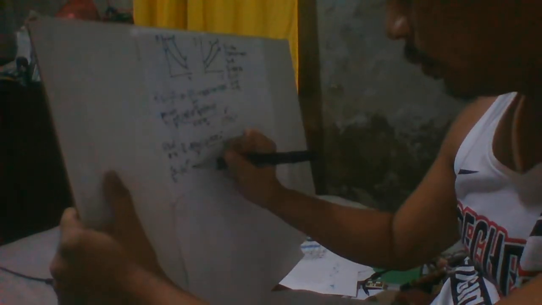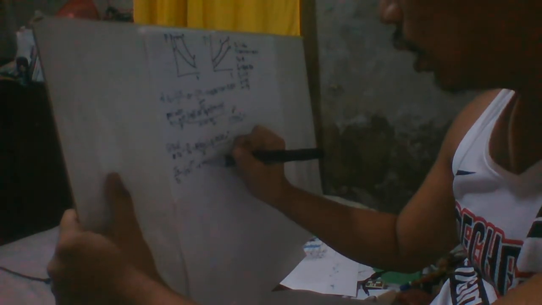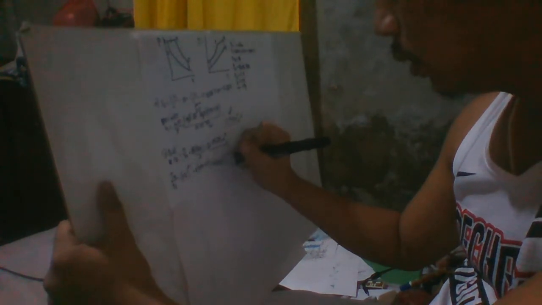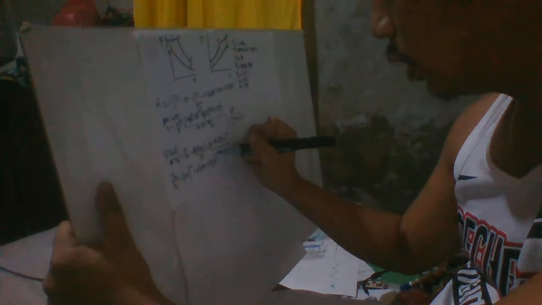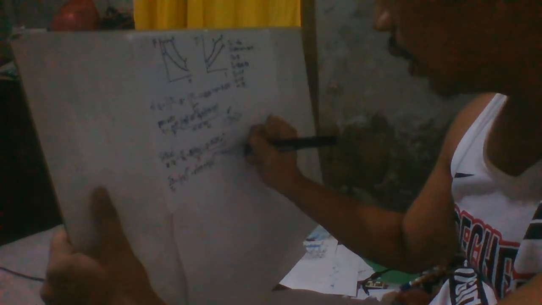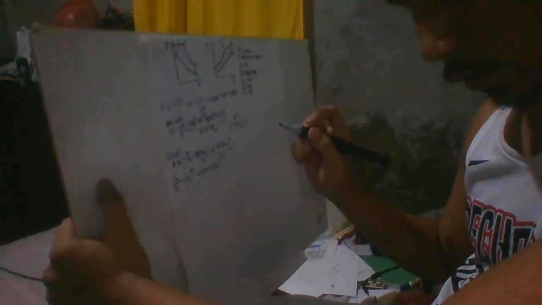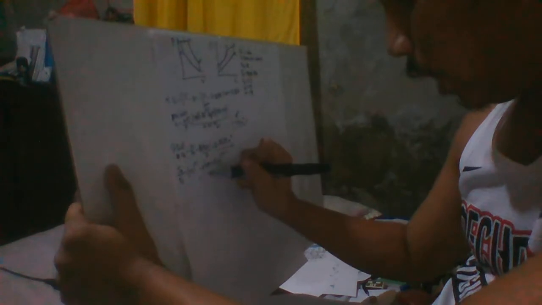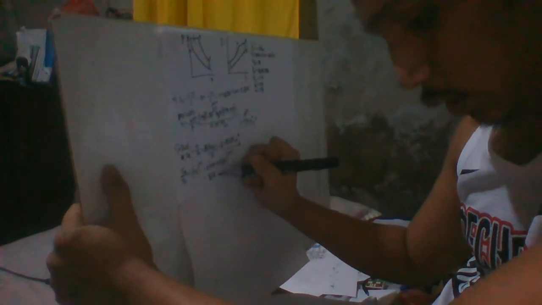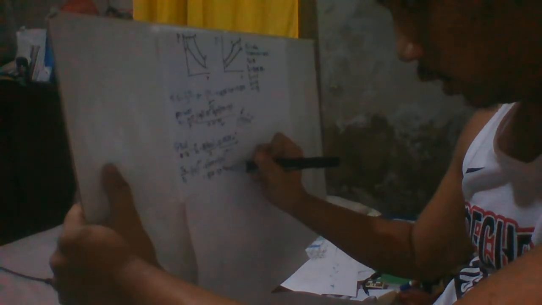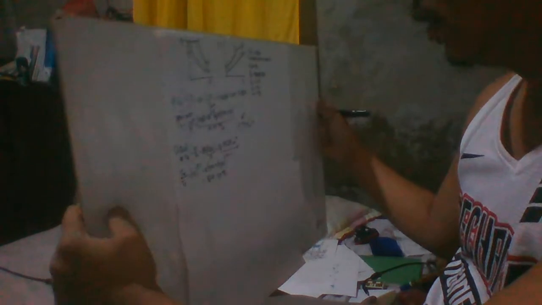That is 333.3 Kelvin times 18 raised to 1.31 minus 1. Solving this, we will have an answer of 816.53 Kelvin.